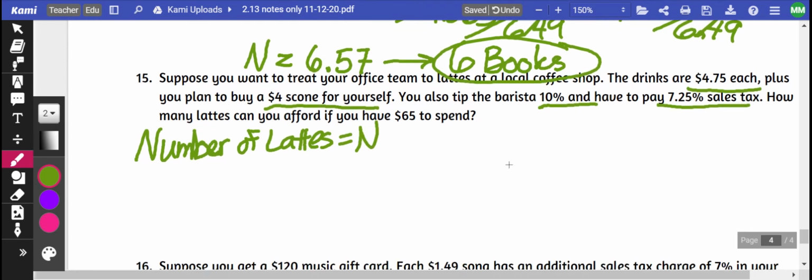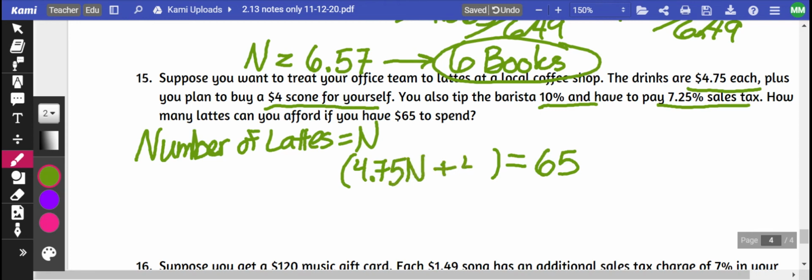We know that everything will end up equaling $65. In parentheses, we're going to have what we're purchasing, which is the drinks and the scone. The drinks are $4.75 each, so that will be what gets multiplied with n. And we're just buying one scone.